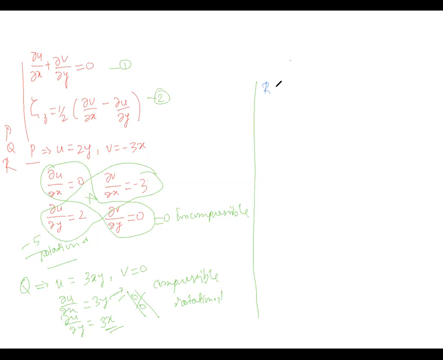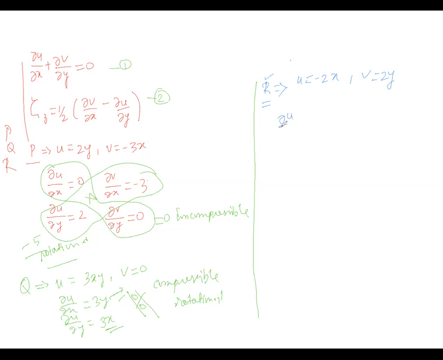So the remaining fluid is R. If you are fine with checking P and Q, you can blindly select R, unless the fourth answer is none of the above. Okay, so I have to check this value. For R, the U value is given by minus 2x and the V value is given by 2y.